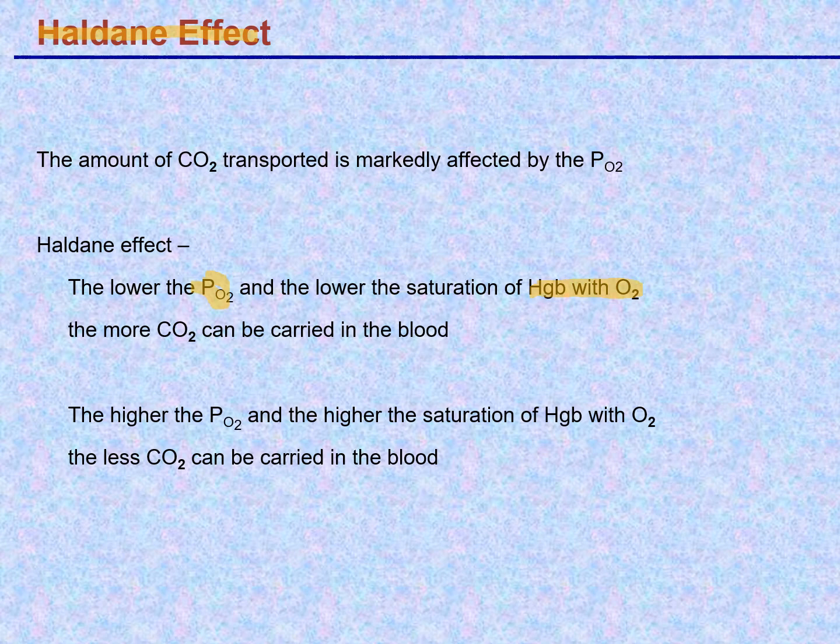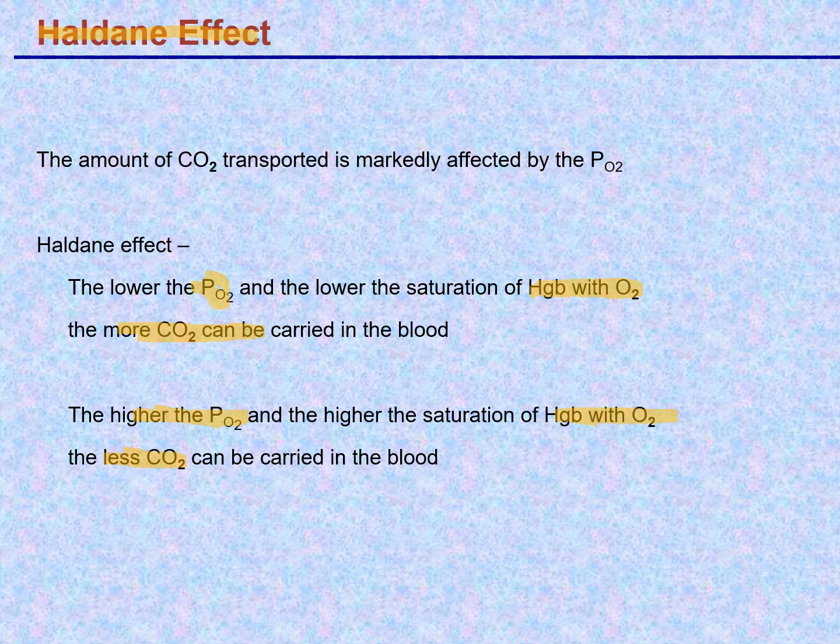But the lower the PO2, the more carbon dioxide can be carried by the blood, and by the hemoglobin in the blood. And the higher the PO2, and therefore the higher saturation of hemoglobin with oxygen, then less CO2 can be carried.